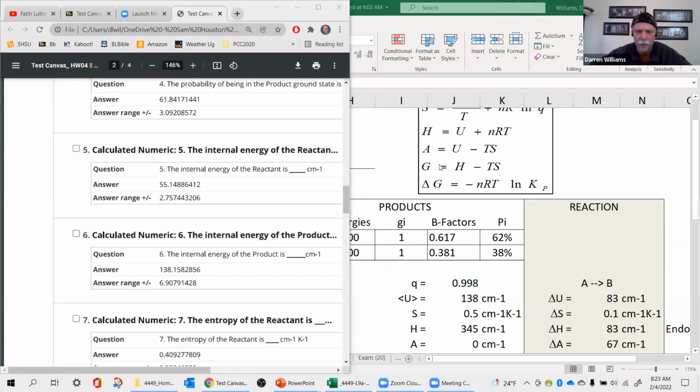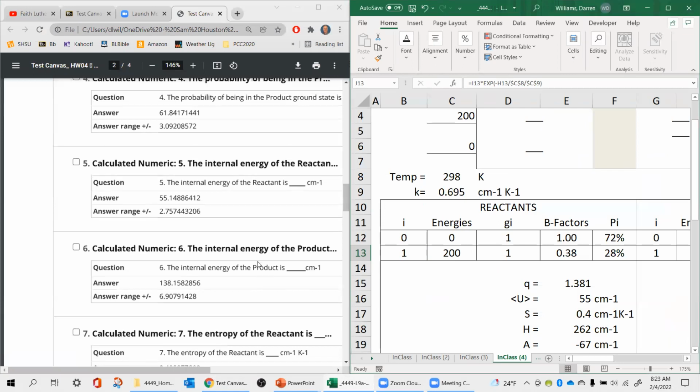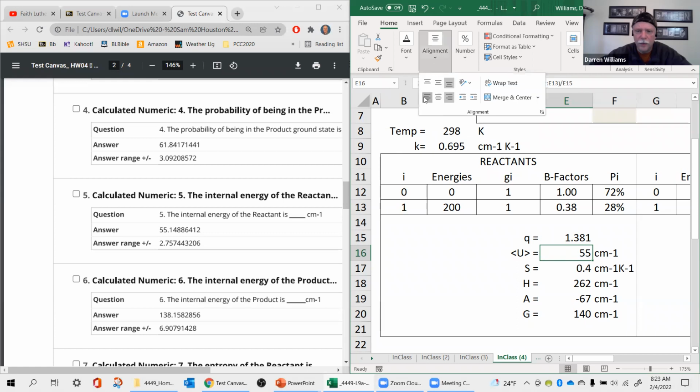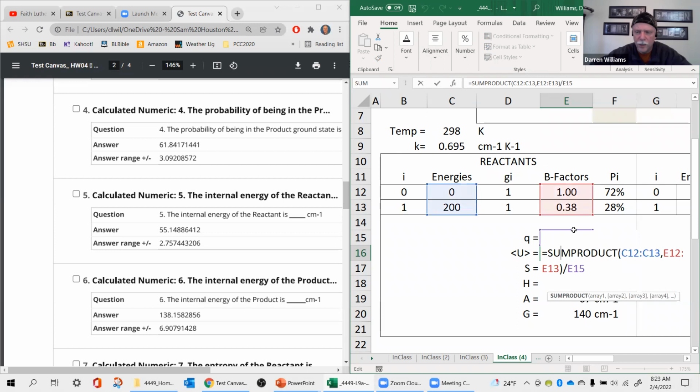So let me pull this aside. What we'll do is a side by side. Here we have our internal energy of the reactants. If I make that left justified, we can double click it and see what that is. Essentially, each Boltzmann factor times each energy is divided by the partition function.